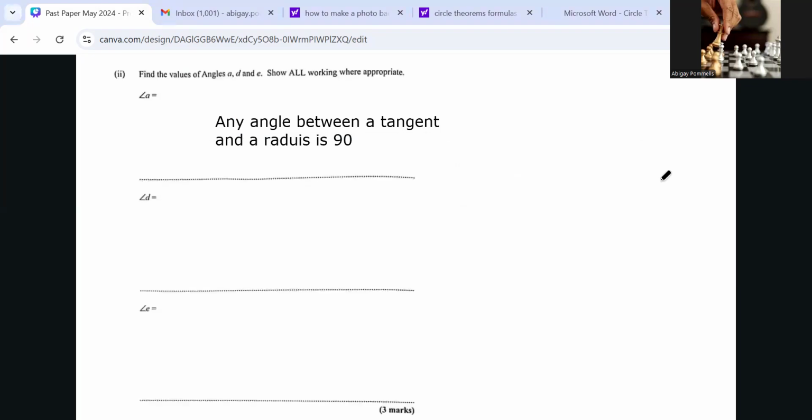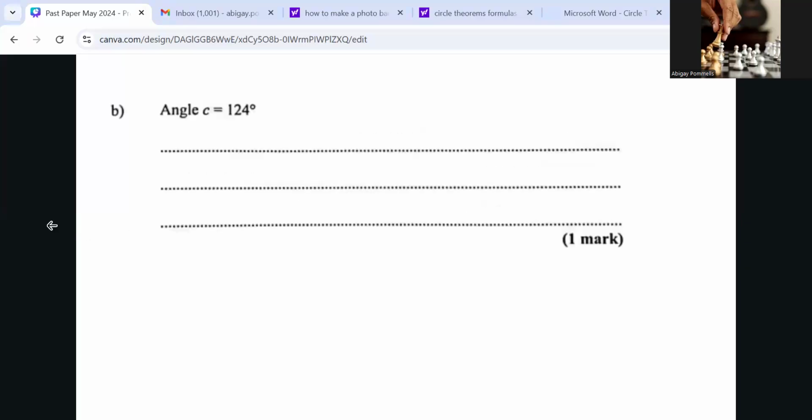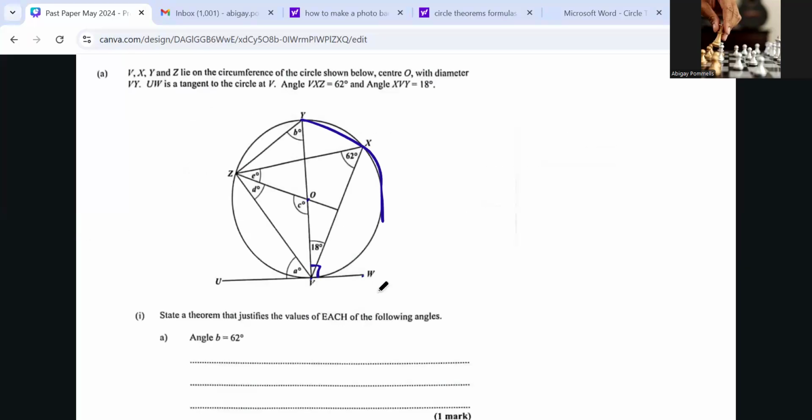It says here, find the value of angle ADE and show all working where appropriate. All right, we know so here's 90. We know right here is 62.